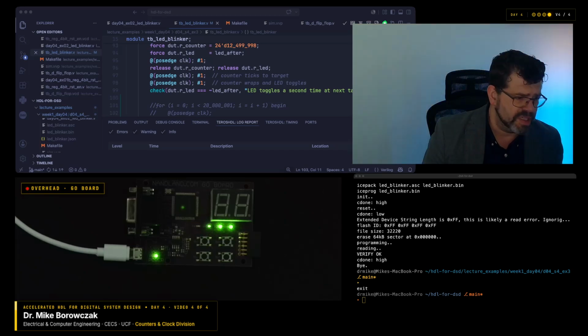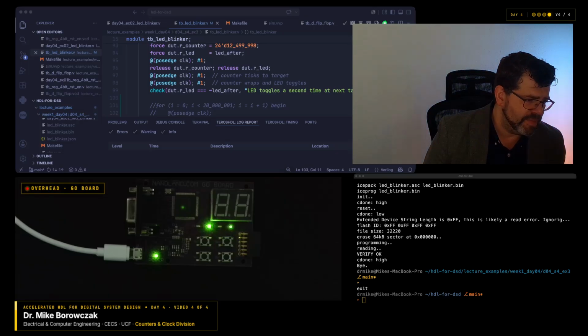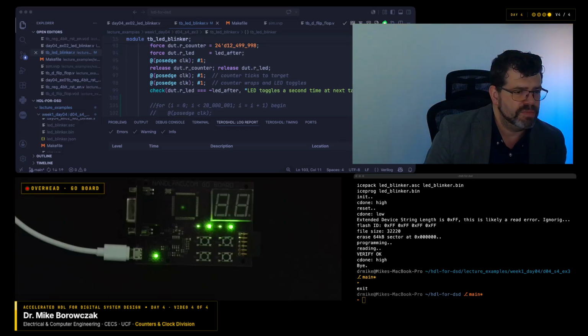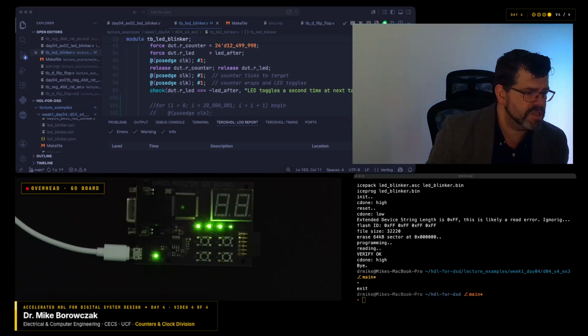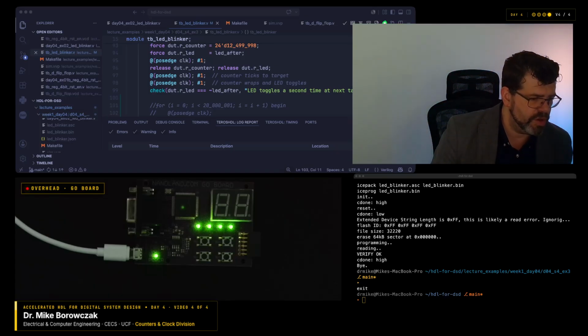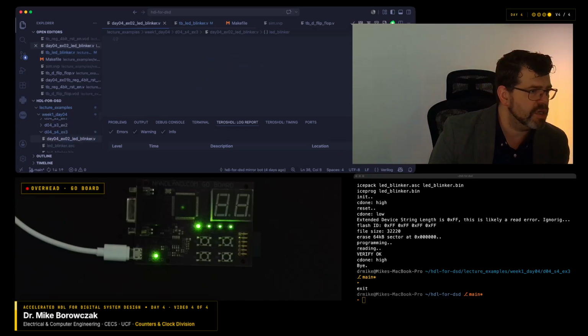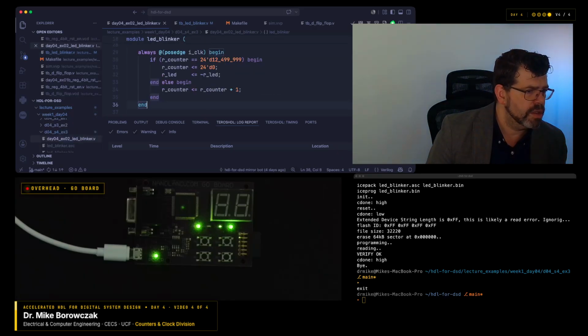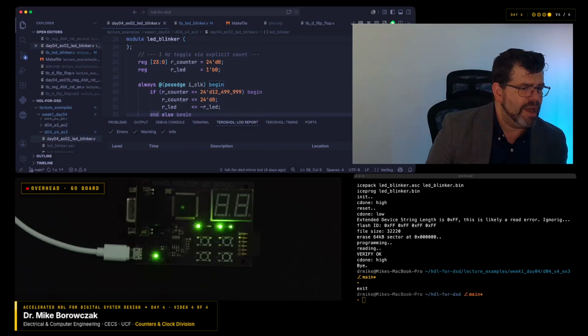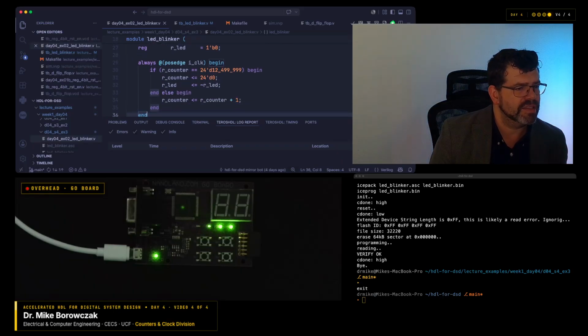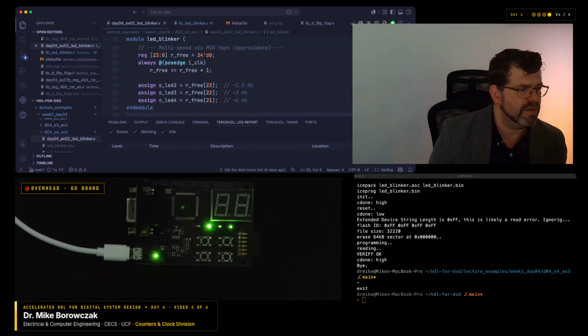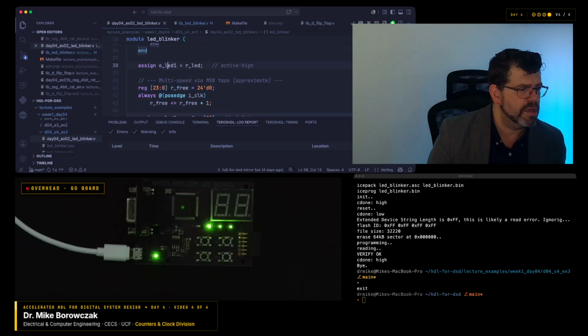And actually, we might as well take a look. So this, I guess, is a sneak peek of the future, but let's pull up that code for you. If we take a look at the LED blinker, and we're looking at output 1, right? So we're looking at what we care about for LED 1 right here.